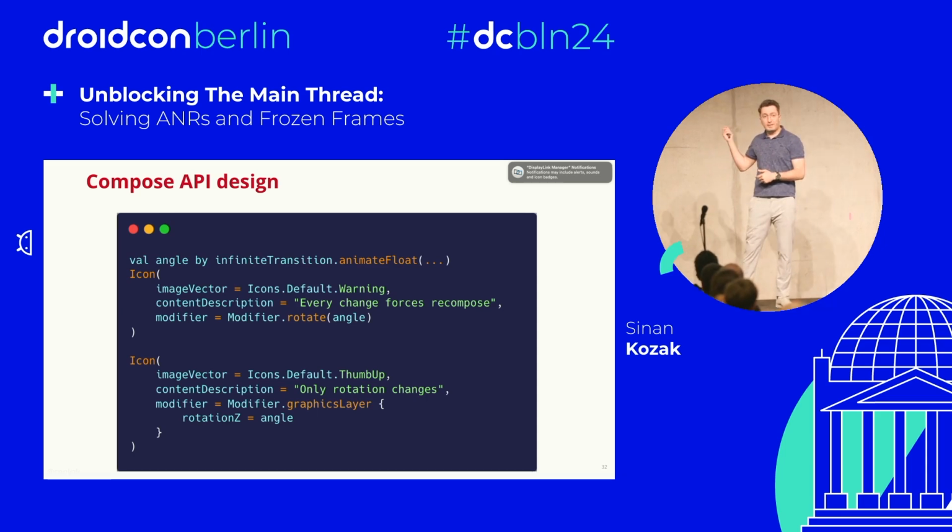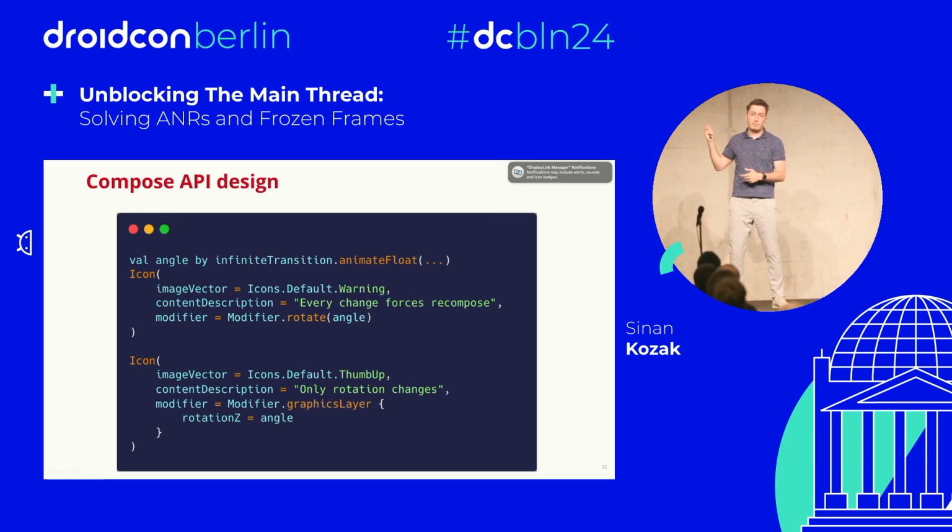But in the second example, which is the good example, the angle is only used inside the lambda, and that lambda is specifically only used in the placement of the composable. That means Compose will understand to skip re-invoking the icon, re-invoking the image vector and everything, and just continue to rotate the already drawn image.